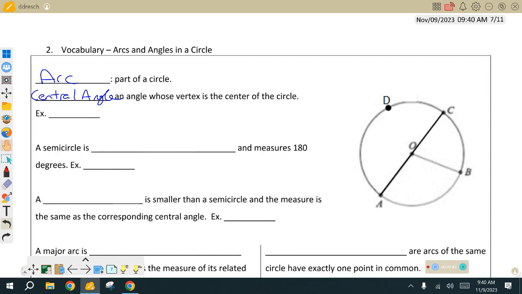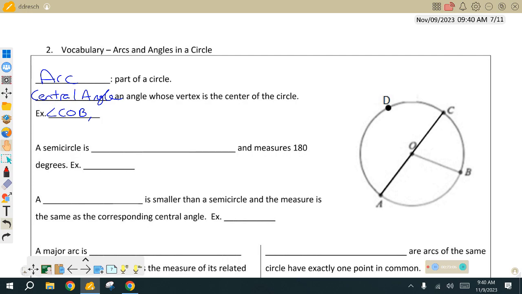So can somebody name me a central angle here? Eva? COB. Because O is at the center, right? And in naming it, I need 3 points. She suggested angle COB. What's another angle at the center? AOB or BOA.